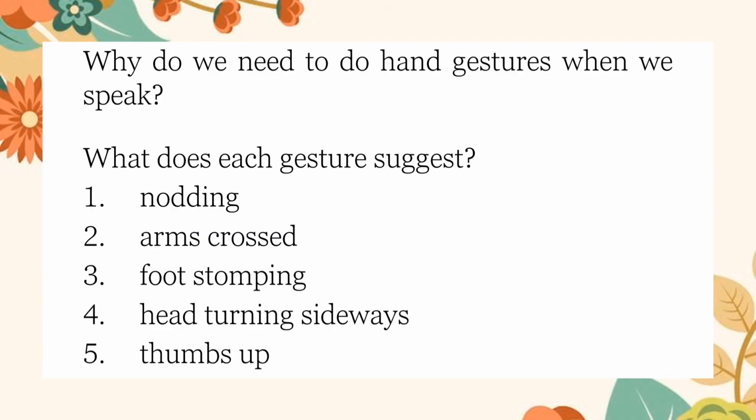So now we have your other gestures. We have nodding. So when do we use nodding? If you approve something, you also nod. Arms crossed. So when do we use that? Foot stomping. Head turning sideways. Perhaps you disapprove. Thumbs up, of course, you approve of something.